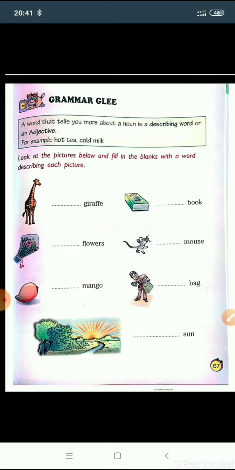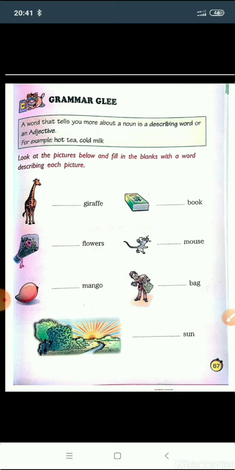For example, when I say beautiful girl, here the describing word is beautiful. The girl is beautiful. The word beautiful describes the looks of the girl, how the girl looks. So, beautiful girl, the word beautiful is the describing word. When I say salty chips, the word salty describes the taste of the chips, how the chips taste.